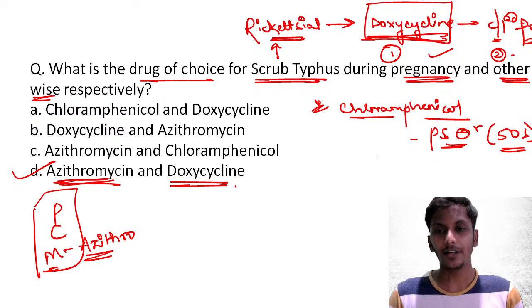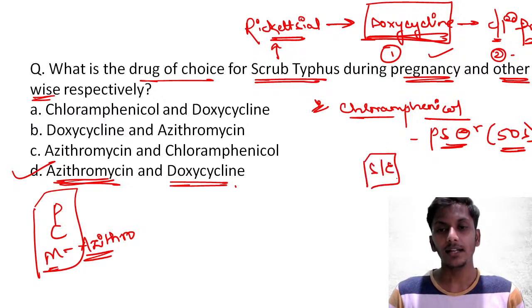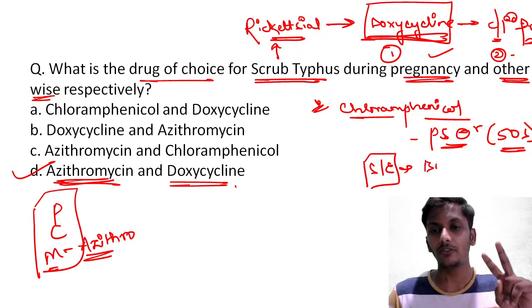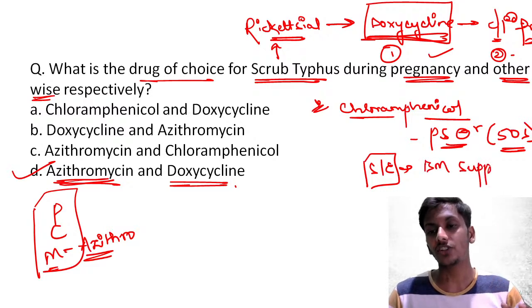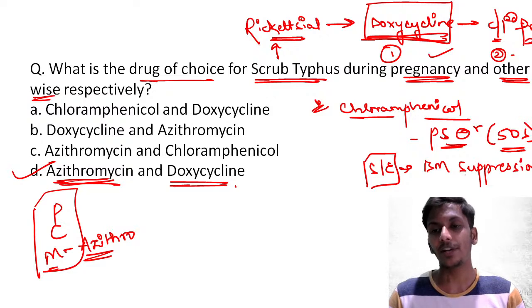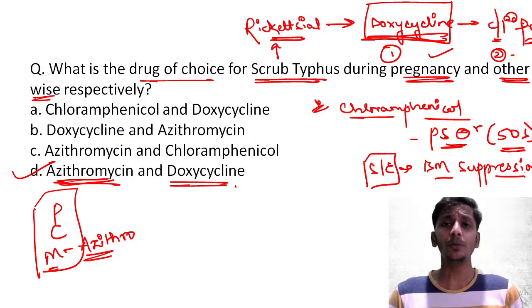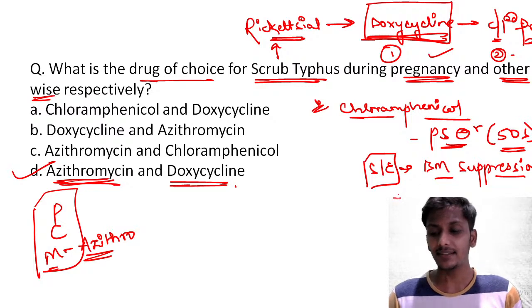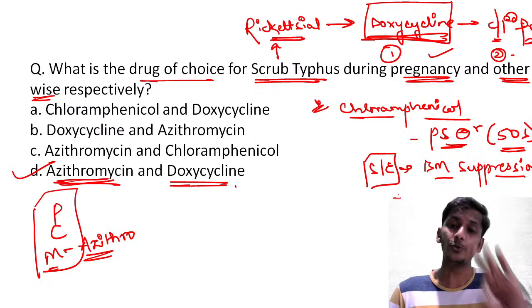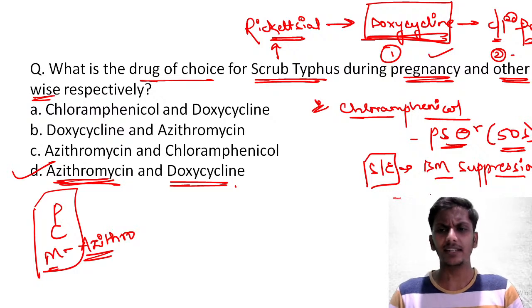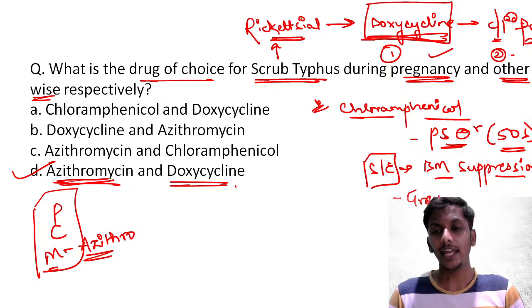The important point that you need to remember is about the side effects of chloramphenicol. Two important side effects are, first, bone marrow suppression, leading to erythropenia, that is anemia, and leukopenia; all these conditions can be seen. And the second side effect, a very characteristic one which is asked repeatedly and is easily remembered, is grey baby syndrome.